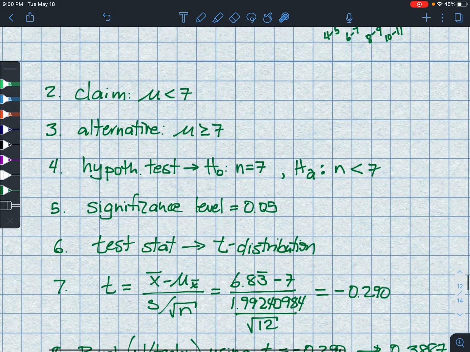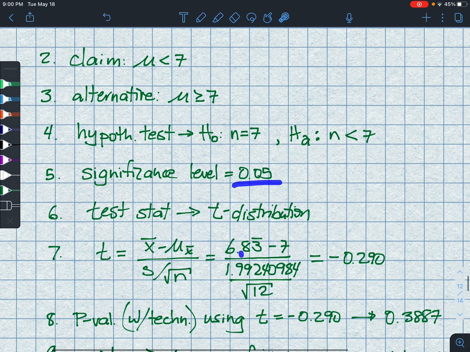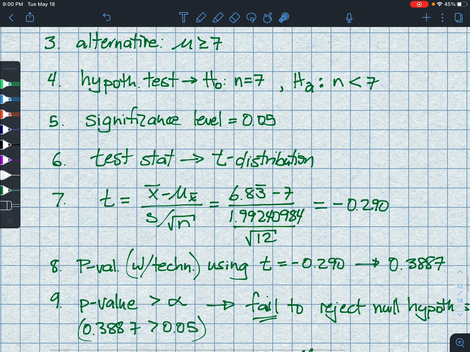All right, so there's our claim. Mu is less than 7. So our null is mu is greater than or equal to 7. So H sub 0, our null hypothesis, and our alternative hypothesis. There's the significance level, and we're after, in this case, the t distribution. And here are the calculations.